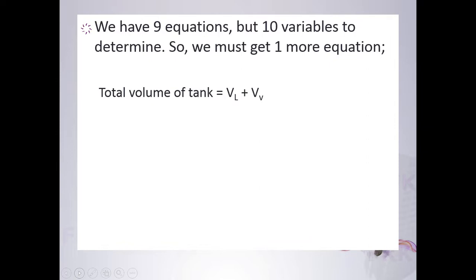So in this case, we have 9 equations but 10 variables to determine. The 10 unknowns, everything being rigorous, are Q, F naught, VL, WV, T, VV, rho V, TV, and PV. Oh sorry, it's PV.